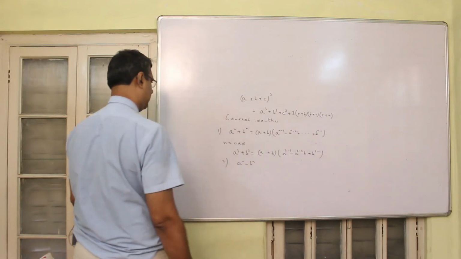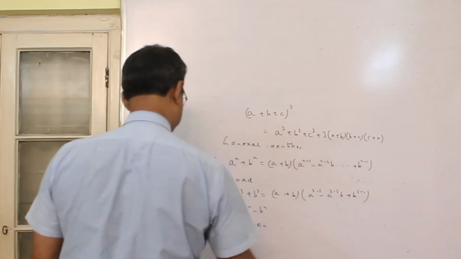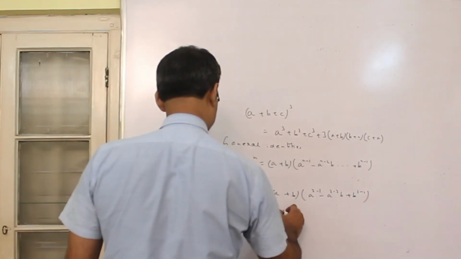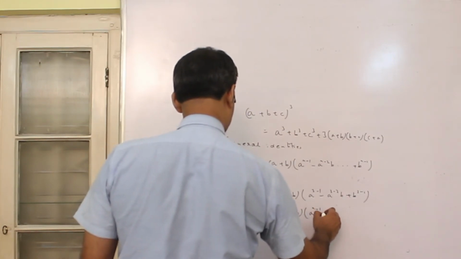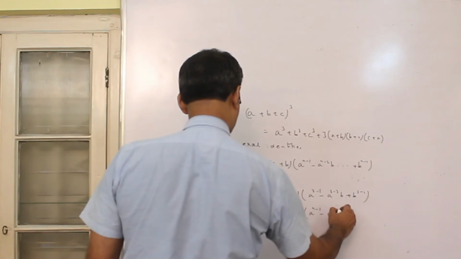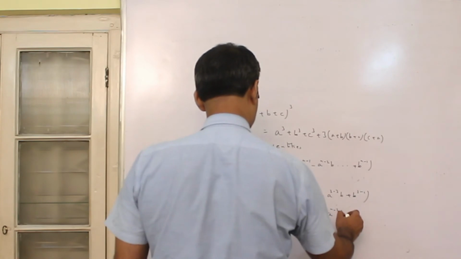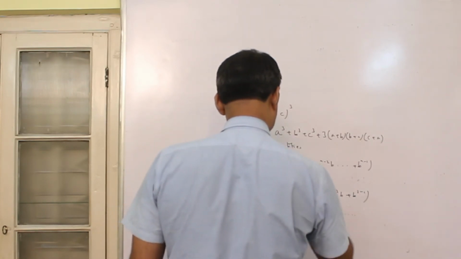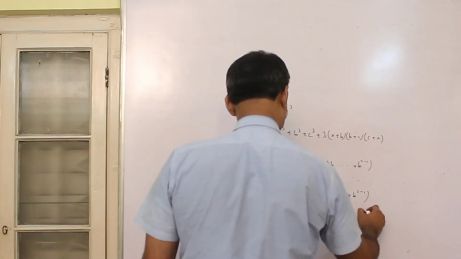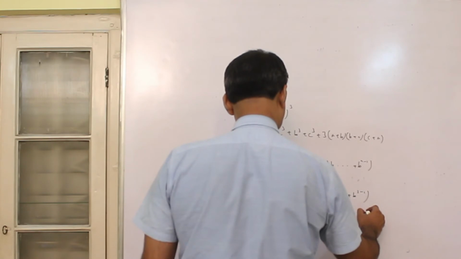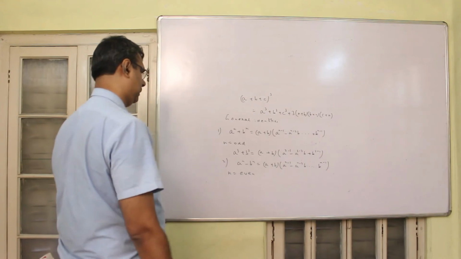Secondly, a to the power n minus b to the power n, if n is even, it can be written like this: (a plus b) into a to the power n minus 1 minus a to the power n minus 2 into b, up to b to the power n minus 1.